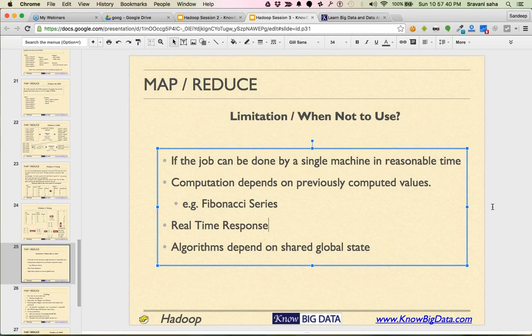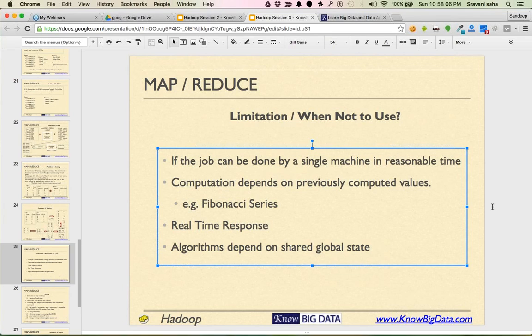The way MapReduce has been designed is to solve petabyte-scale, really big data problems, with the mindset that things might fail, and in case things fail, it has to retry instead of giving the error to the user.